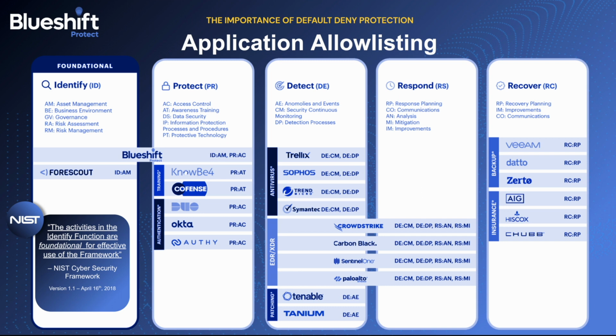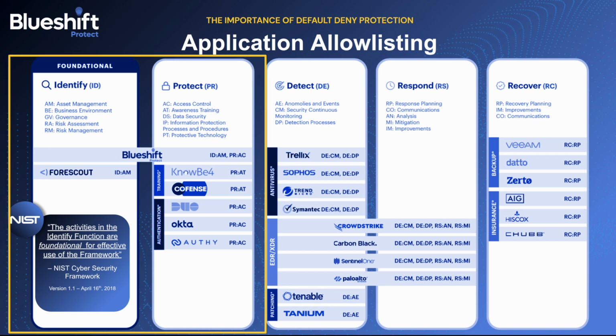If you look at NIST's cybersecurity framework and how we talk about the process of incident response or alert response, it's identify, protect, detect, respond, recover. Application allow listing plays very well in those first two pieces, being able to identify and protect against a threat. Because if you think about it, we're only allowing the things we know are good to run in the environment. Anything else is not allowed to run, and we get an alert. We can identify that it's not allowed to run. What is it? And by default, that endpoint is already protected because it's not allowed to run in the first place.